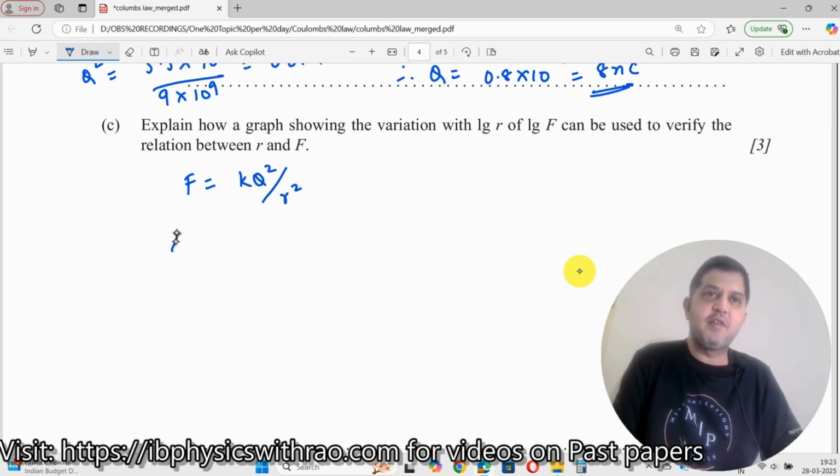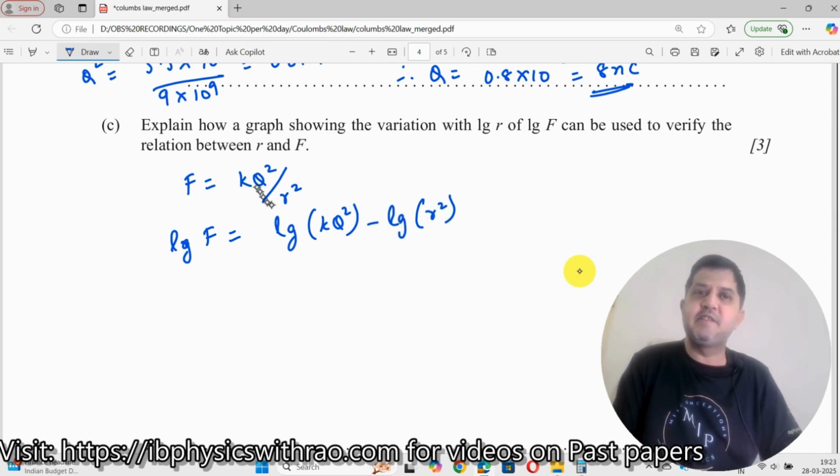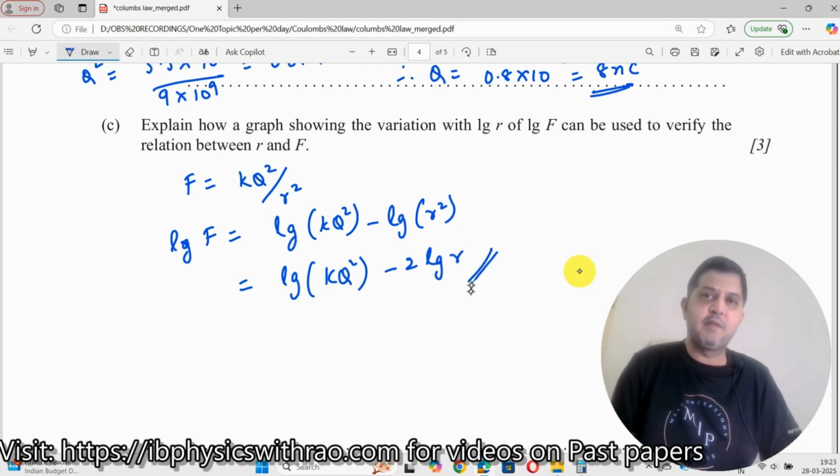Let us take log f on both sides. Log f is equal to log of kq square minus log of r square. Why? Because it's a by b form, right? It should now be equal to log of kq square minus 2 log r. This is what we have.